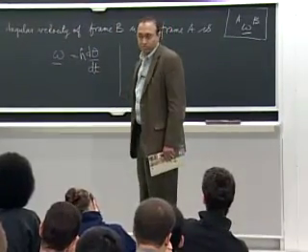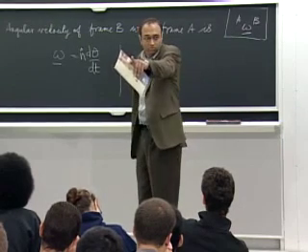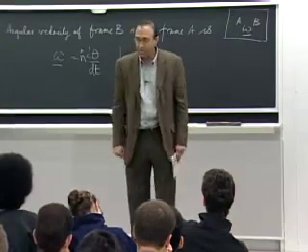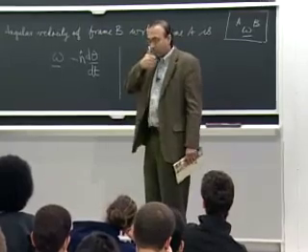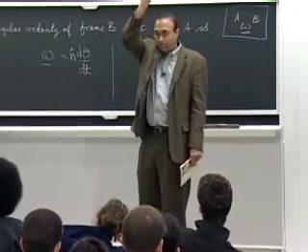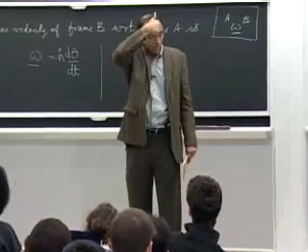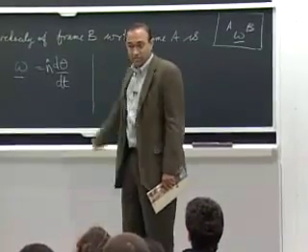What's the direction? This way. That's frame A. I'm frame B. I'm rotating. What's the direction? Upwards, straight up. So that's A omega B, theta dot, and the vector upwards. But now let's say that I'm moving this. What's the vector here?